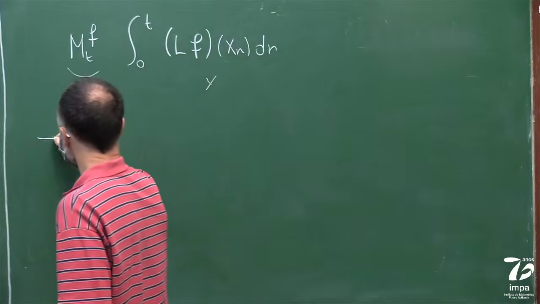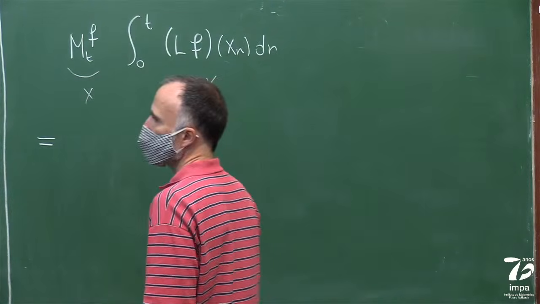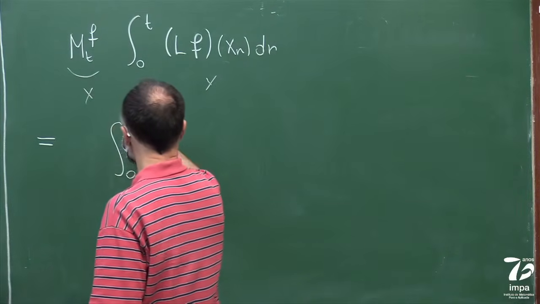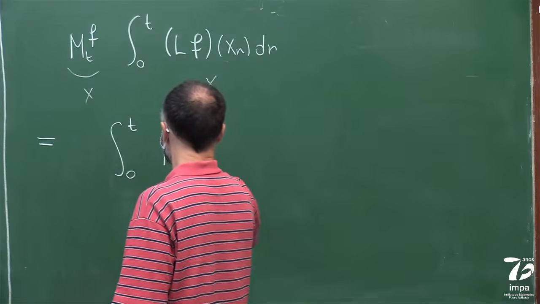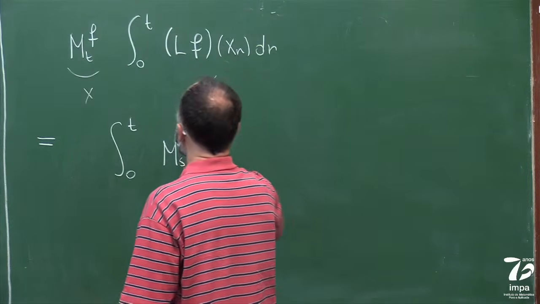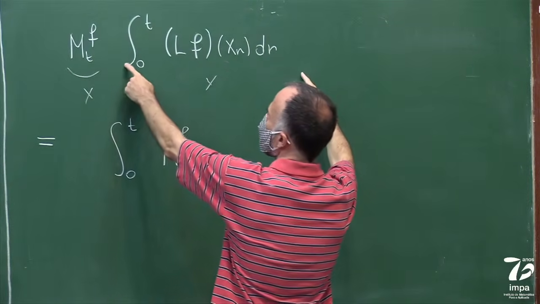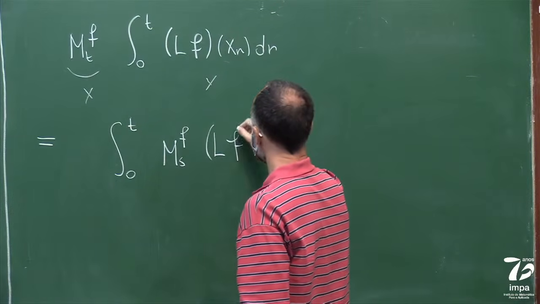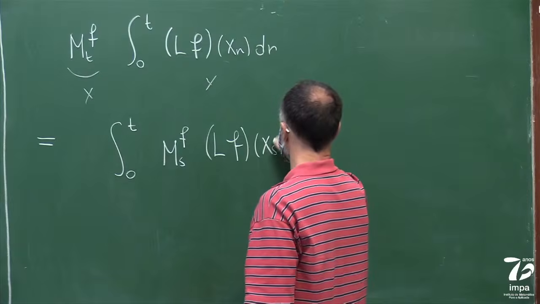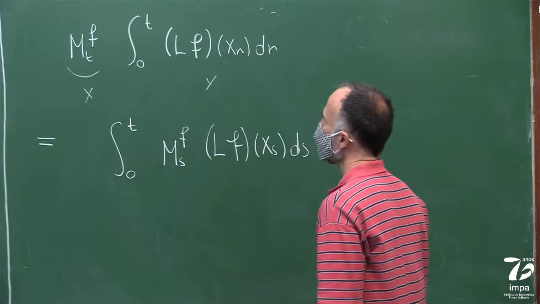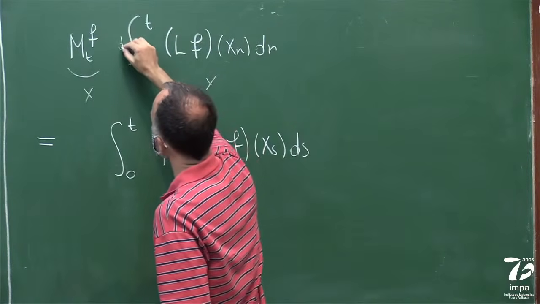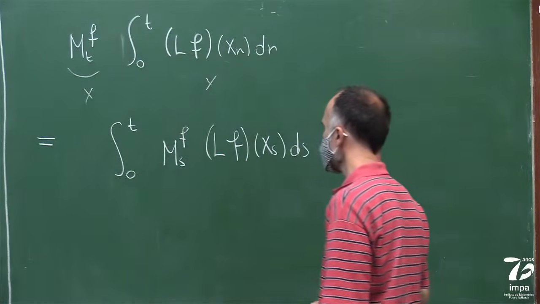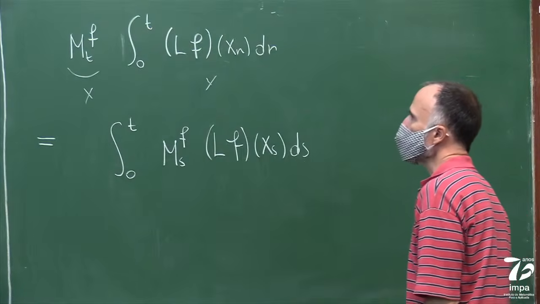The first term, I'm integrating with respect to y. So this is the integral from 0 to t of M_s^f dy, but dy is just Lf(x_s) ds. Okay, d of this object will simply be this object. So this is the first term.